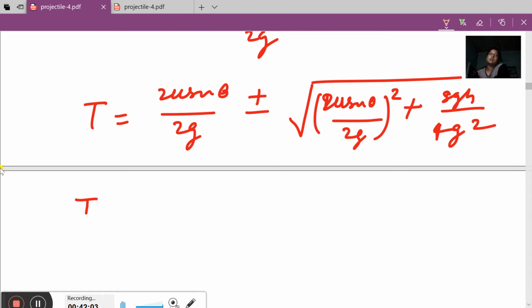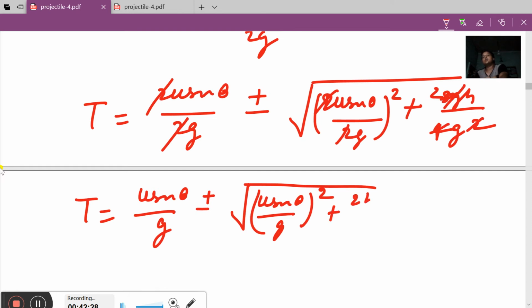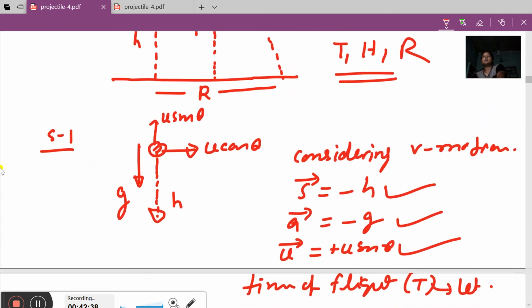So the 2 gets cancelled: u sin theta over g plus minus under root (u sin theta over g) square plus 2h over g. So this is the formula. This is the required time of flight in this case.